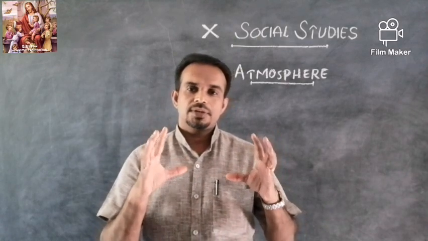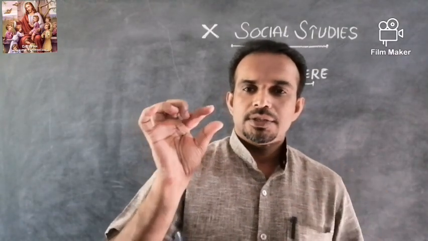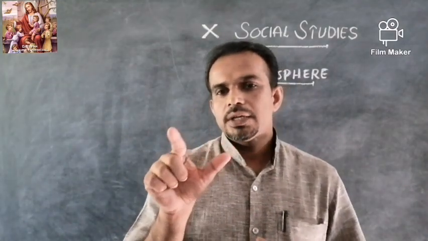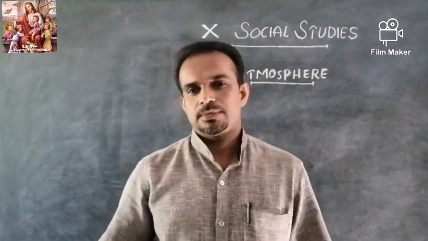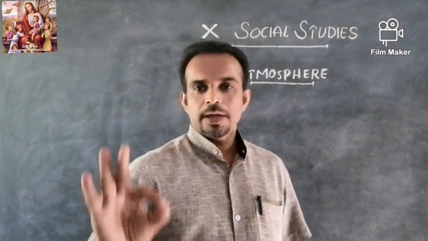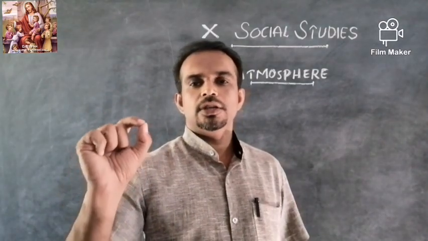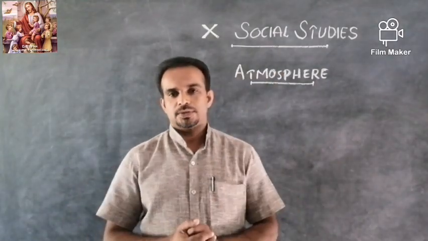The basketball is compared with the size of the Earth, and the atmosphere is compared with very thin plastic paper wrapped around that basketball. But even that thin layer of gases is very important for the existence of life and for all the different weather changes or weather phenomena. So that is what we are going to discuss.